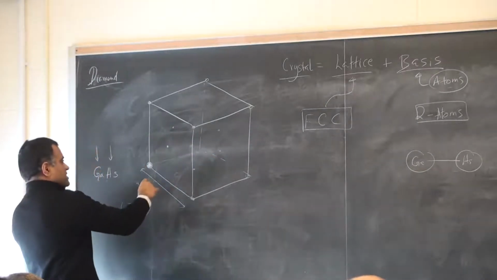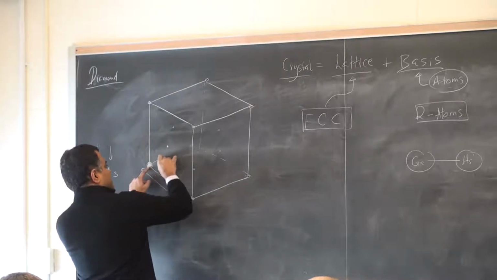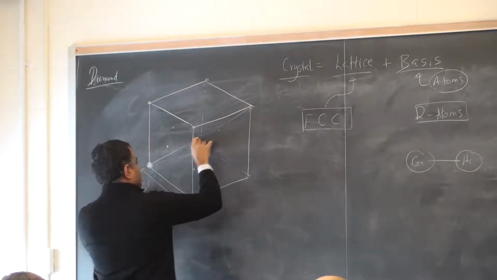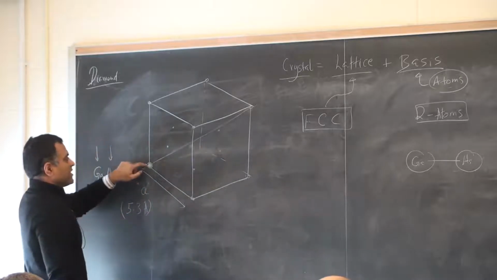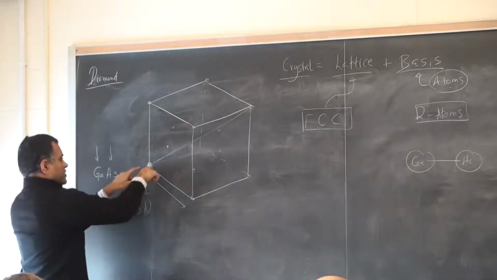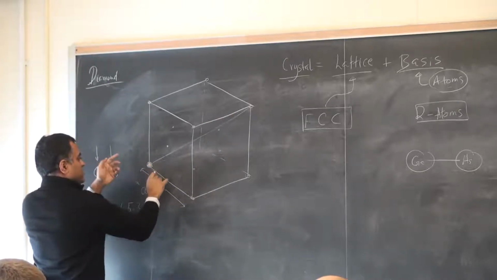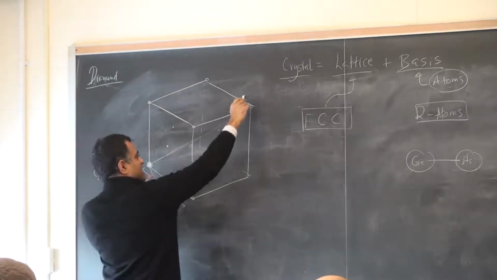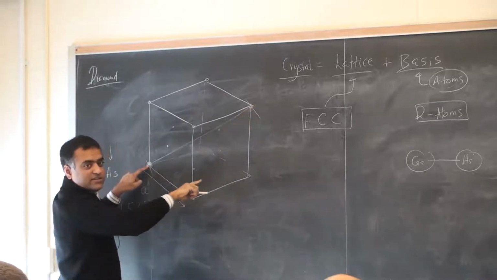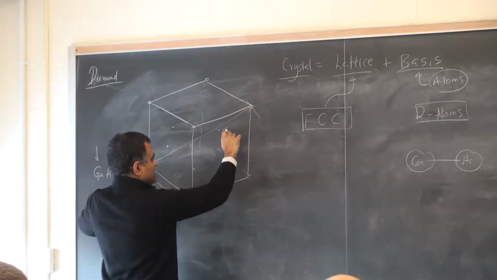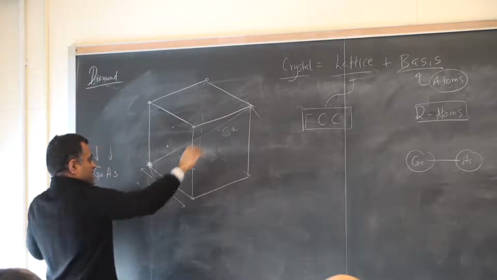And the way it's oriented typically is, if I draw a body-centered cube, a diagonal from one vertex to the opposite end, then if the cube side is a, what is the length of that diagonal? It's the square root of 3 times a, right? That whole thing.